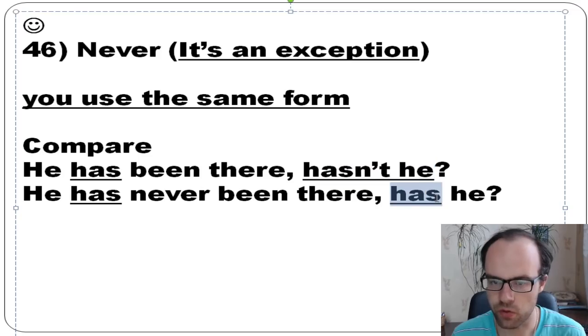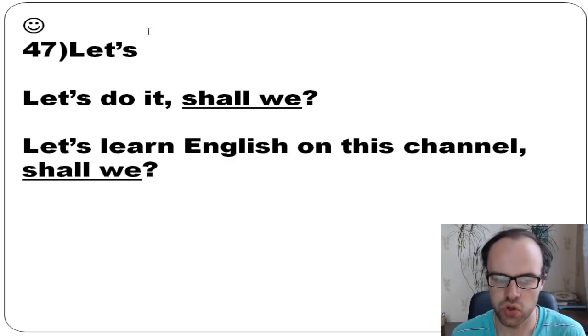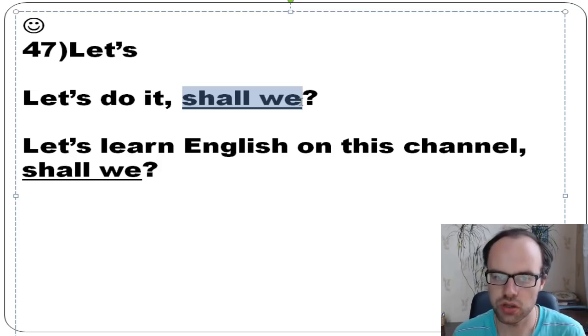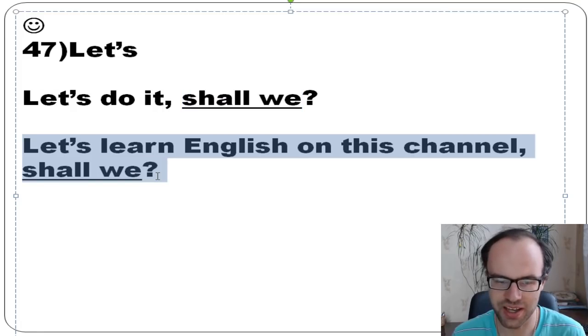You have the same form. Has he? Next, let's. So if you have let's, you need to say shall we, okay? So let's do it. Shall we? Means really? Let's learn English on this channel, English Professionally, shall we? Okay, I think it's a good idea.